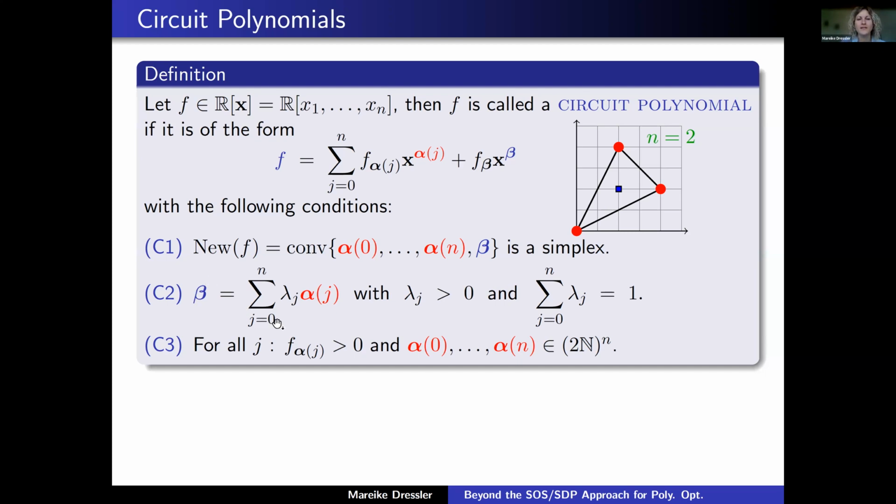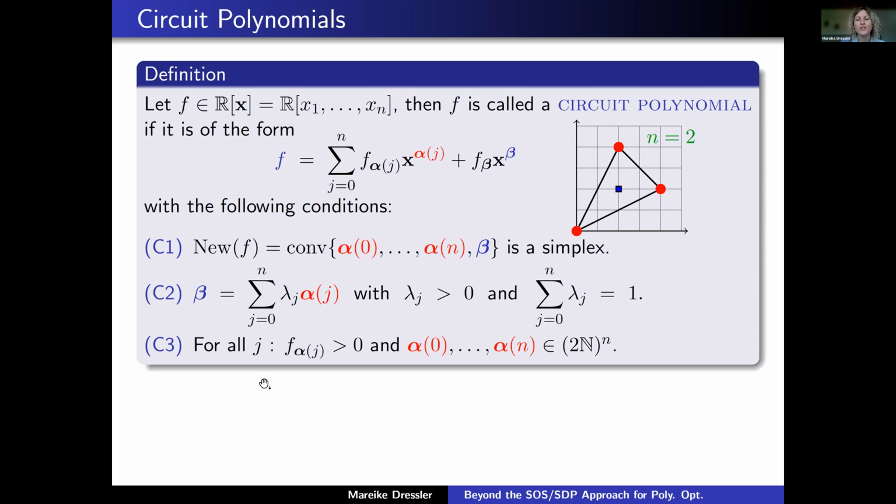Beta is this convex combination of the vertices, these alpha j, and these lambda j for a convex combination have to be strictly positive and sum up to 1. Usually these lambda j are called barycentric coordinates of this interior point relative to the vertices. Okay, so we have a simplex with one strict interior point.